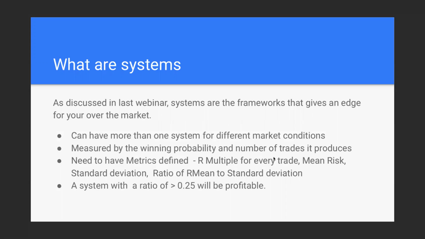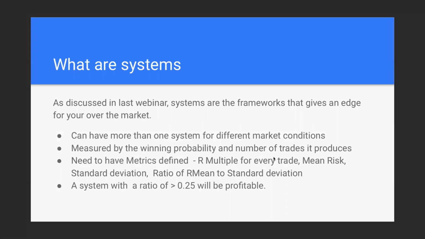So are you okay with that? That is the first question you have to think about. If you get only 12 trades and 5 of them fail, then you're having only 70% probability. And if each one gives you only 20%, those kinds of things, you have to measure your winning probability and the number of trades it produces.